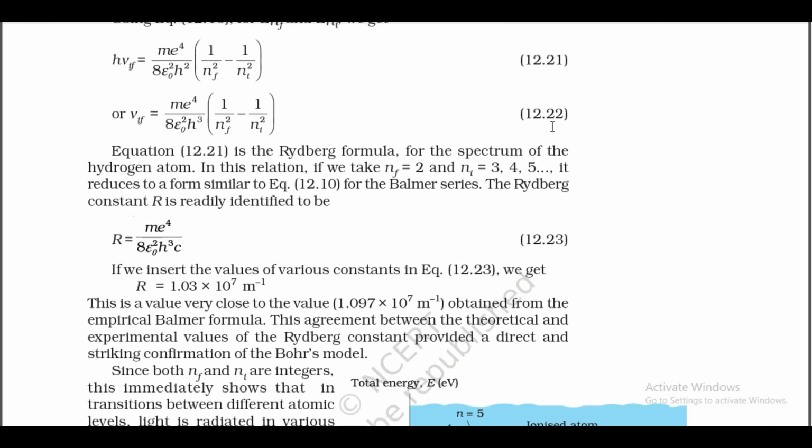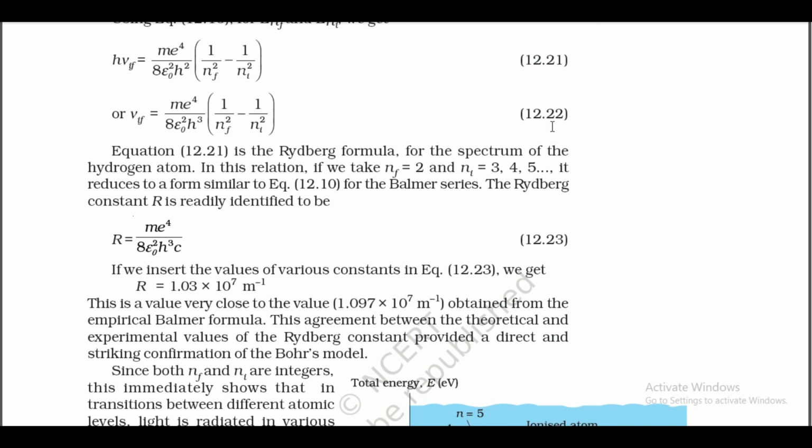Equation 12.21 is the Rydberg formula for the spectrum of the hydrogen atom. In this relation, if we take nf equal to 2 and ni equal to 3, 4, 5 and so on, it reduces to a form similar to equation 12.10 for the Balmer series.